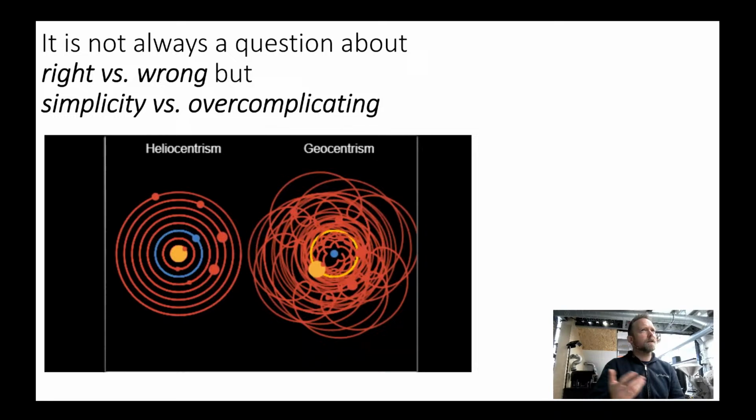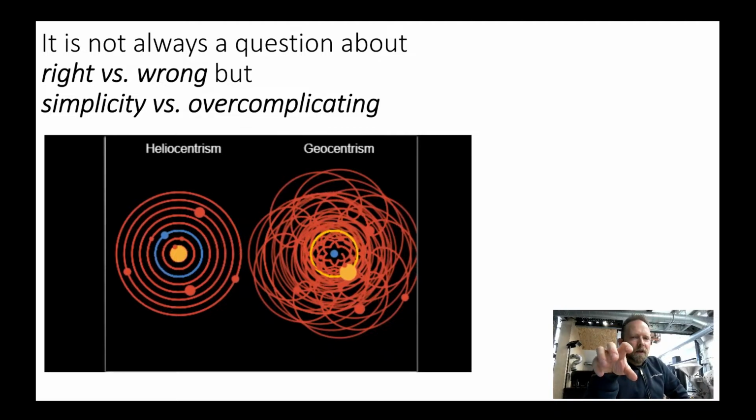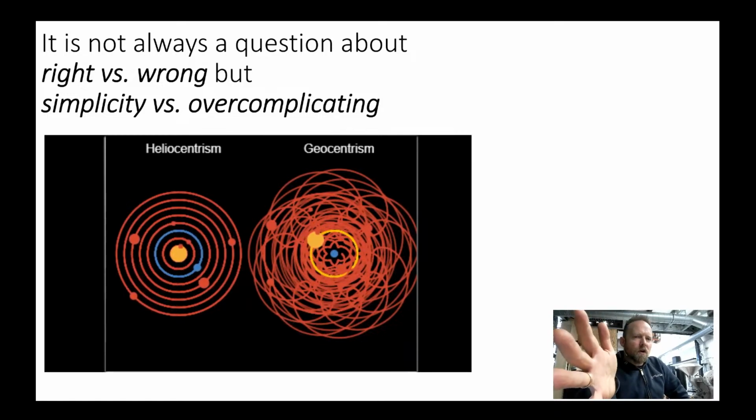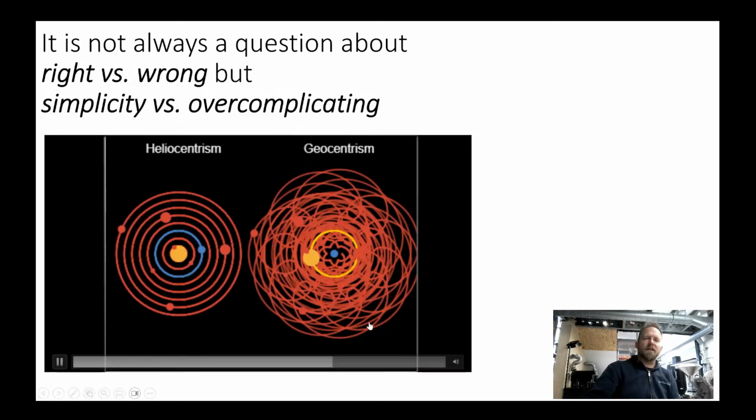I don't know which one is the scientific one. The interesting thing about geocentrism, where you assume that the Earth is in the center, is that it's not wrong. You can make a perfect mathematical model that predicts all the planet positions perfectly. So it's not that it's wrong, but according to Occam's razor, the simpler one should be preferred.